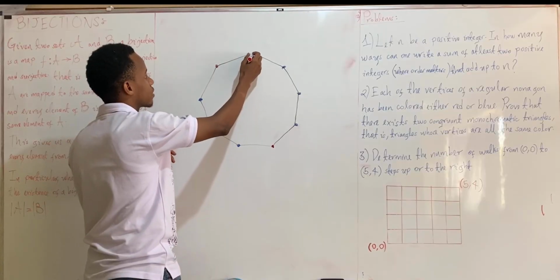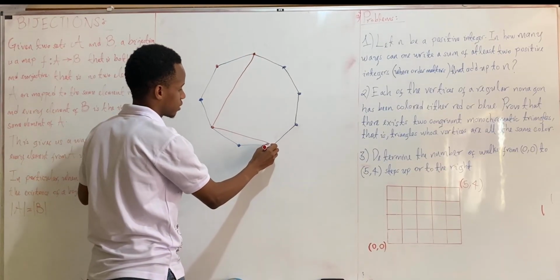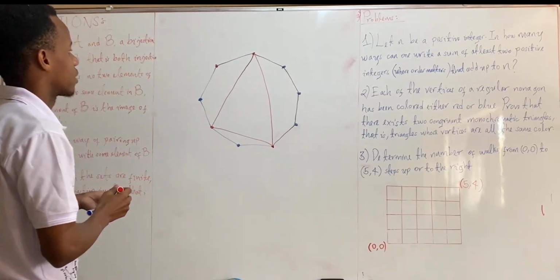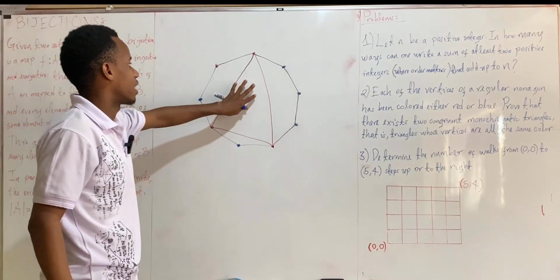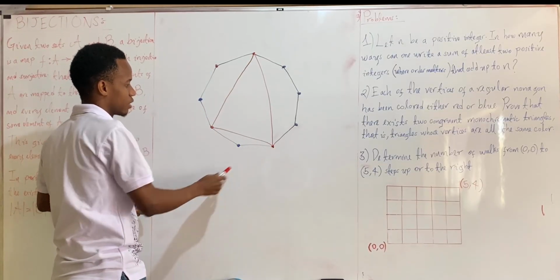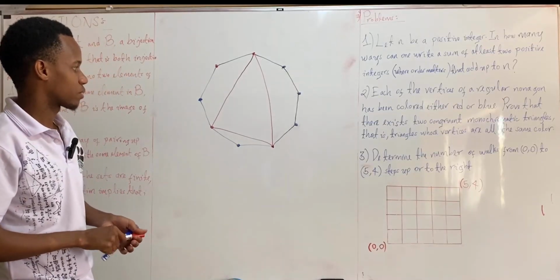For example, you can have a triangle like this one here, in which all of its vertices are red. So we have a red color there, there, and there. So this is an example of a monochromatic triangle.